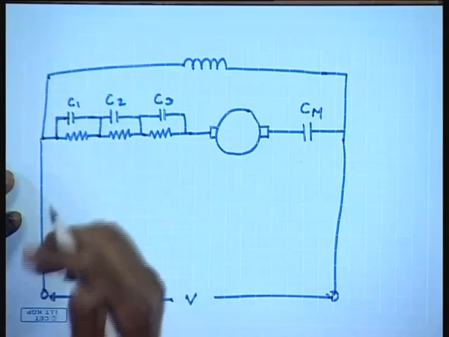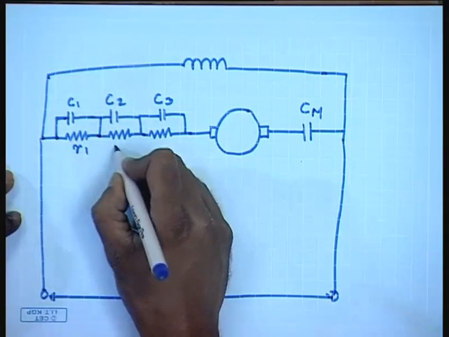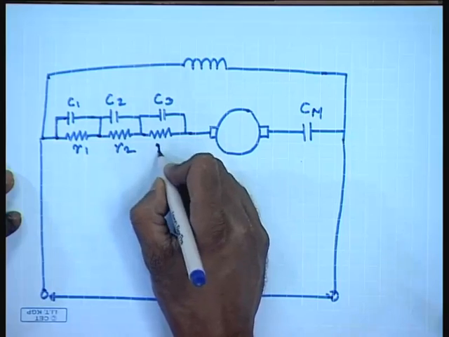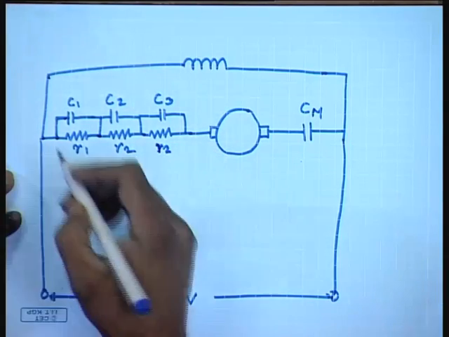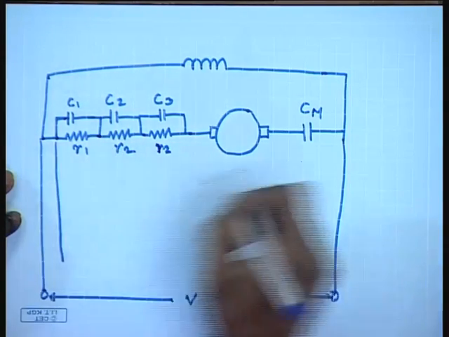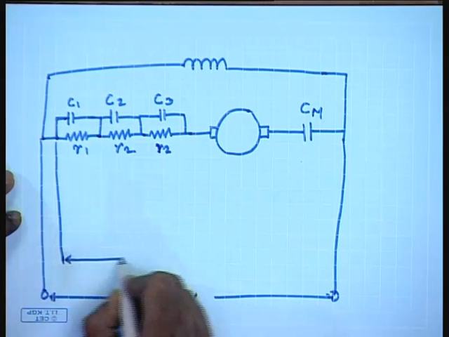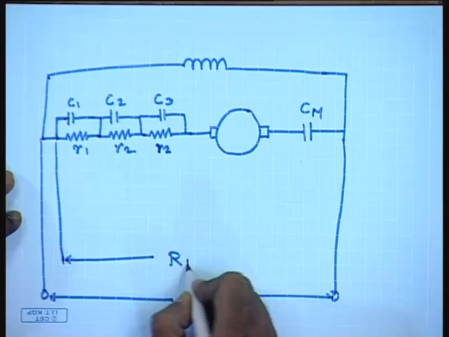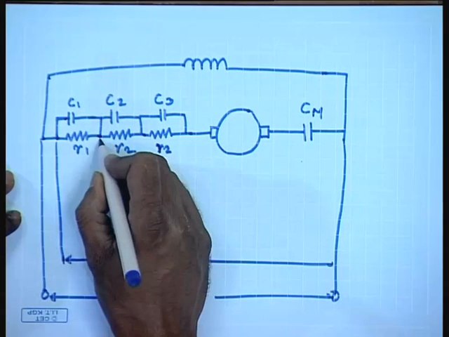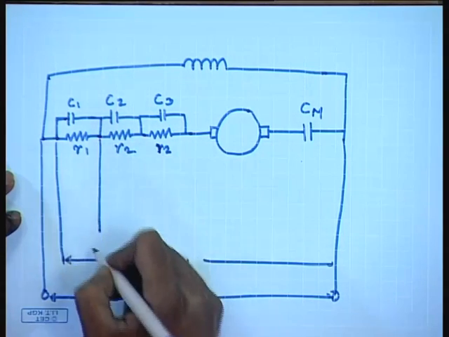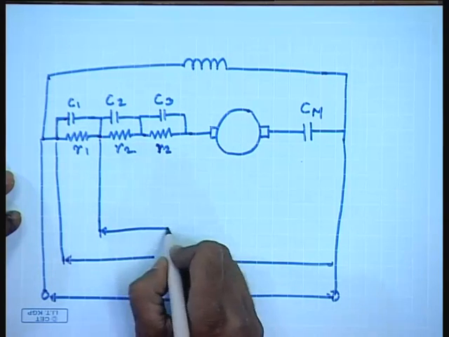There are 3 sections of resistance R1, R2, R3. When all the resistances are in, let us say the resistance is R1. When C1 is shorted, the resistance becomes R2.